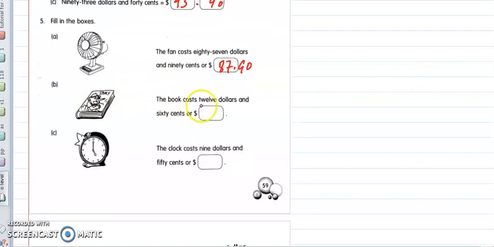This one is the book costs $12.60. So we will write 12.60. The clock costs $9.50. I mean we will write 9.50. So $9.50 is what it is going to be.